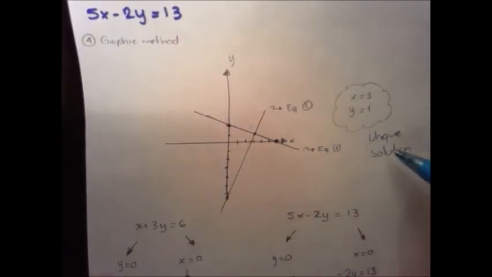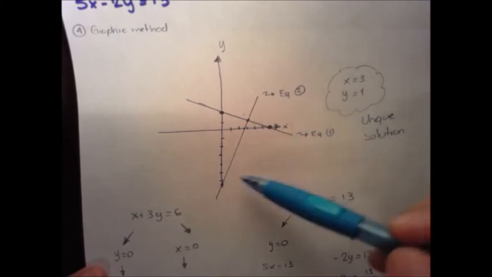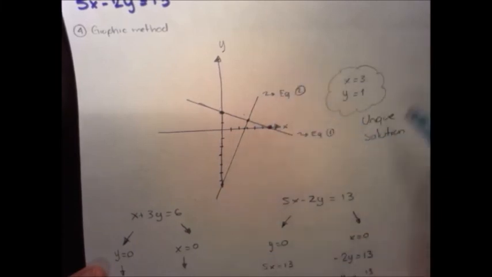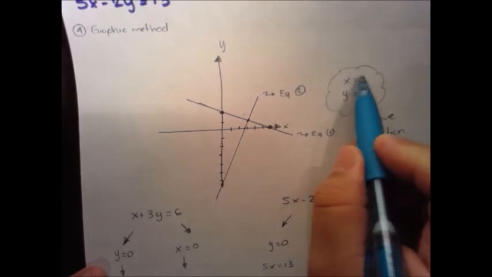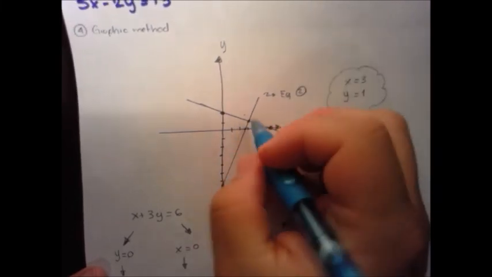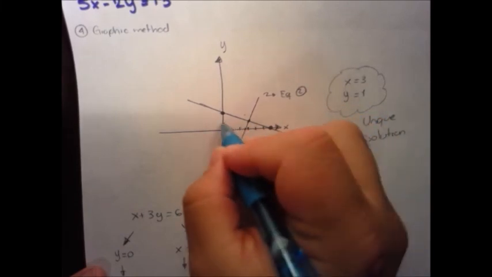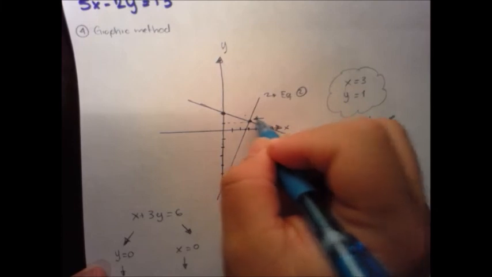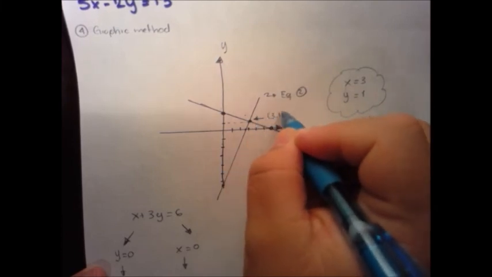Remember, an infinite number of solutions is because both equations are going to be the same line. And without solution, or no solution, is when we have parallel lines. In that case, we have a unique solution. And look at this. If I look for this point 3, 1, this is the solution, 3, 1.